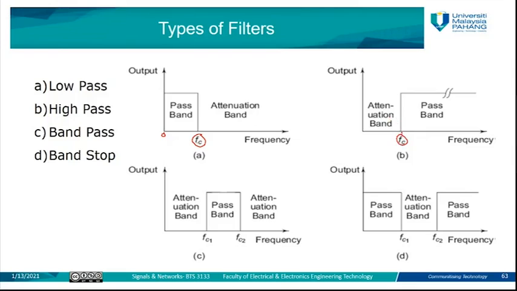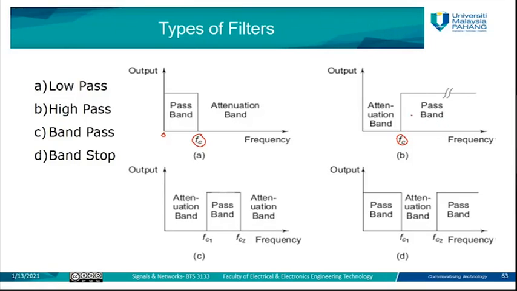So all the signal before the cutoff frequency, I mean if the signal has a frequency less than FC, will be removed, while all signals with frequency greater than FC will be passed through the filter.